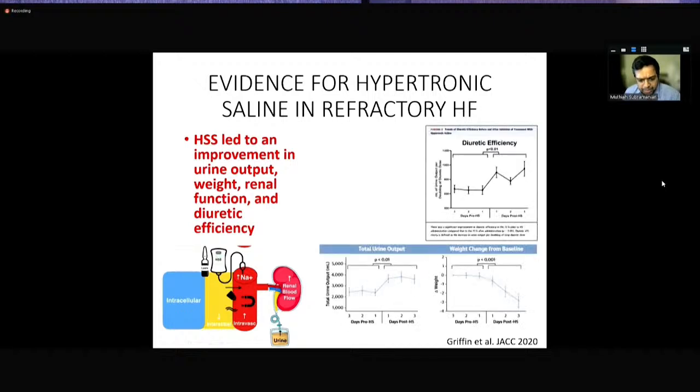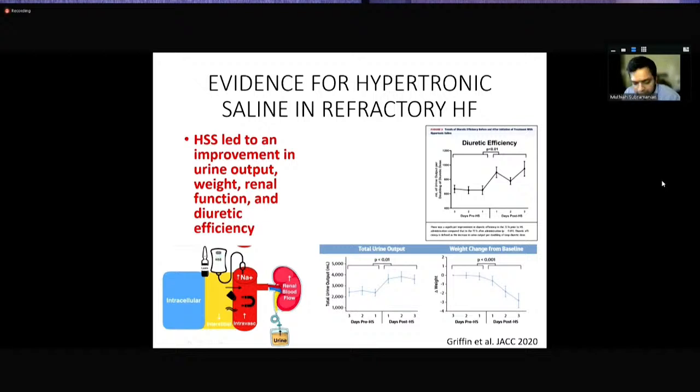We've not tried this for any of our patients, but there has been a concept of using a hypertonic saline or a 3% NaCl. And the idea here is, in a patient with heart failure, if you fill your intravascular compartment, that is what a hypertonic saline will do, you will do one of two things.